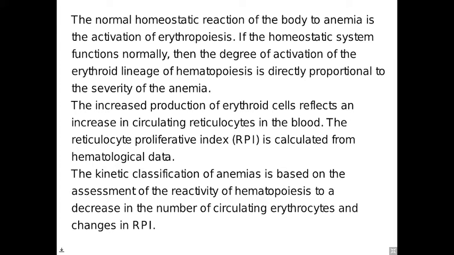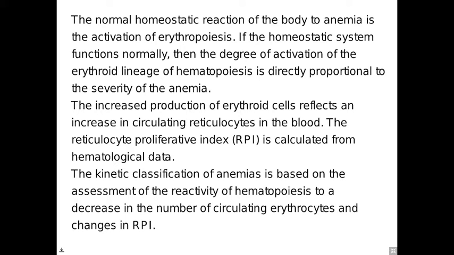Normally, every time we speak about true anemia associated with red blood cells and hemoglobin decreasing, the first physiological reaction is activation of erythropoiesis. The sense is quite easy. When the organism has lost some red blood cells for any reason, the first task of the bone marrow is to activate erythropoiesis, just to compensate the current, for example, blood loss or the current malfunction of the red blood cells.